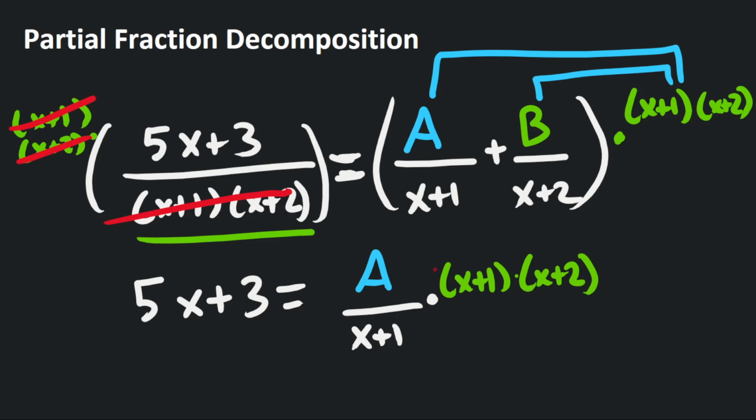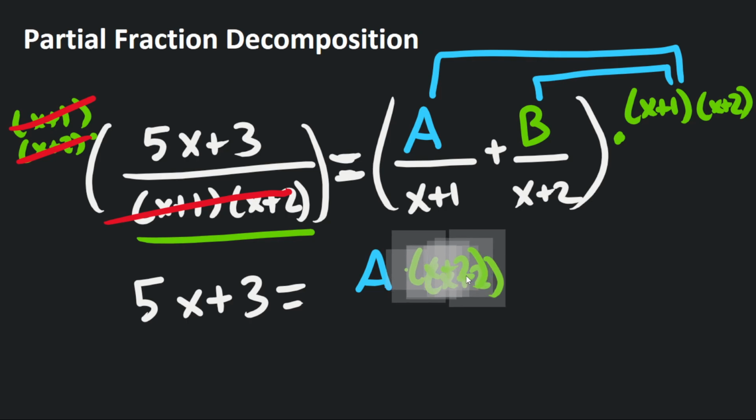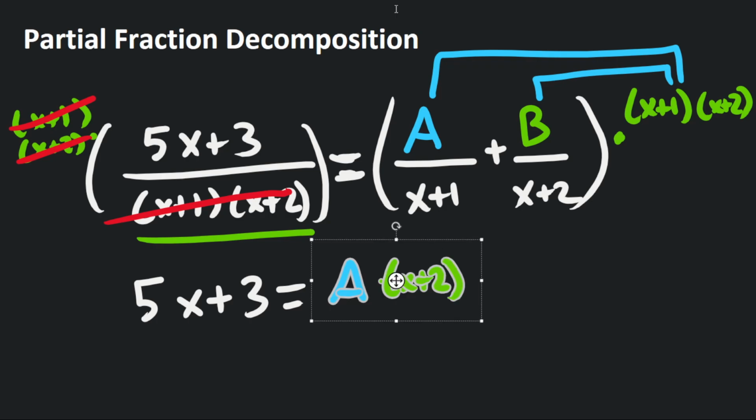And what does that simplify to? Well, the x + 1 in the denominator cancels out with this one in the numerator, so we're just left with a times (x + 2). So we can just go ahead and write that, a times (x + 2).